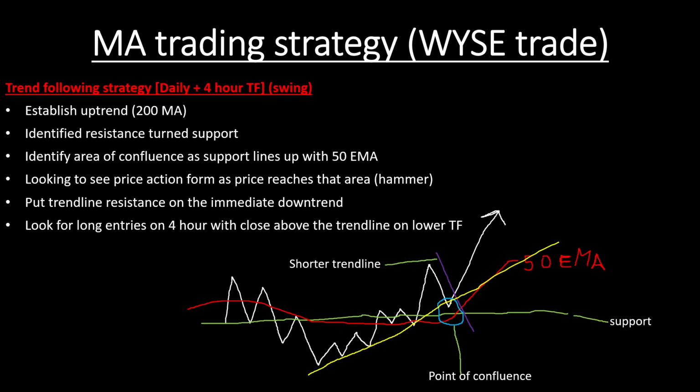We want to see that, like, okay, it's producing long wicks or certain candlestick patterns. For example, I have here a hammer pattern, which is just, if you don't know, it just looks like this, like a long wick. This long wick would indicate that there is immense buying pressure at this level, and it could mean that price is heading up in that direction.